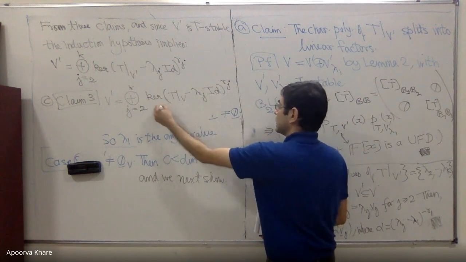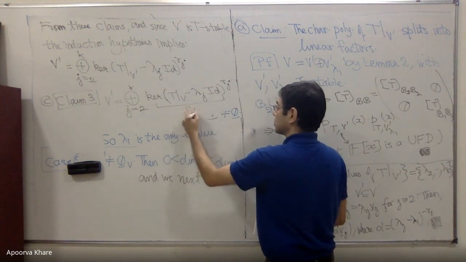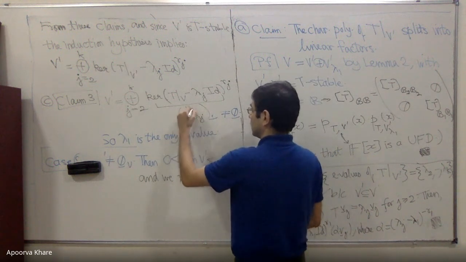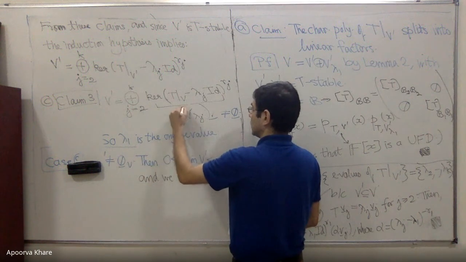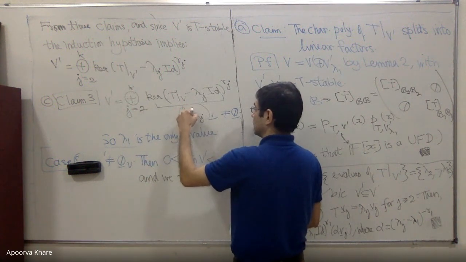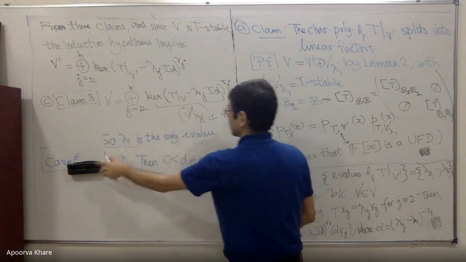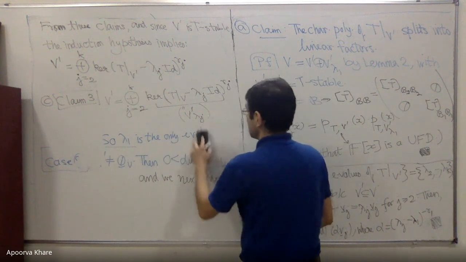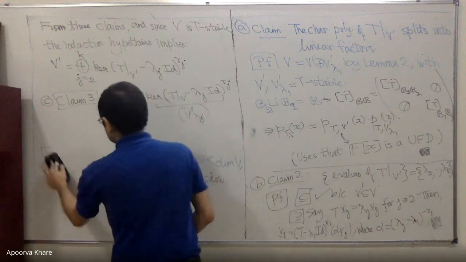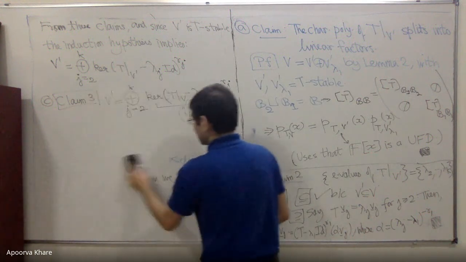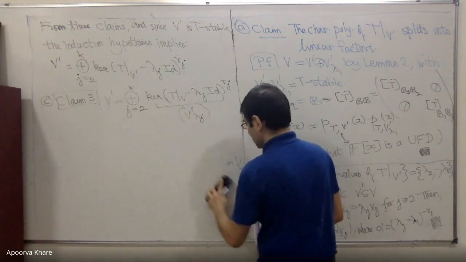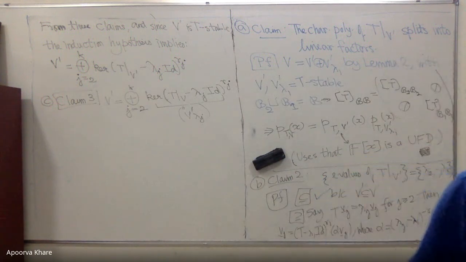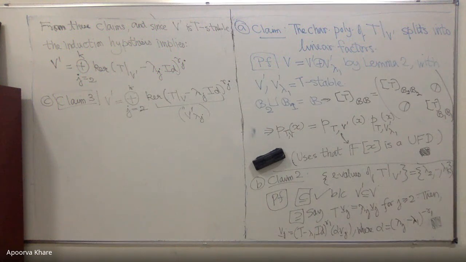And so this kernel is what we are supposed to be calling V prime lambda j. Once you prove this third claim, then lemma 3 is proved. But as I said, it takes a little while to prove lemma 3. I thought I'd skip over it. It has all these subtleties that you must make sure of.